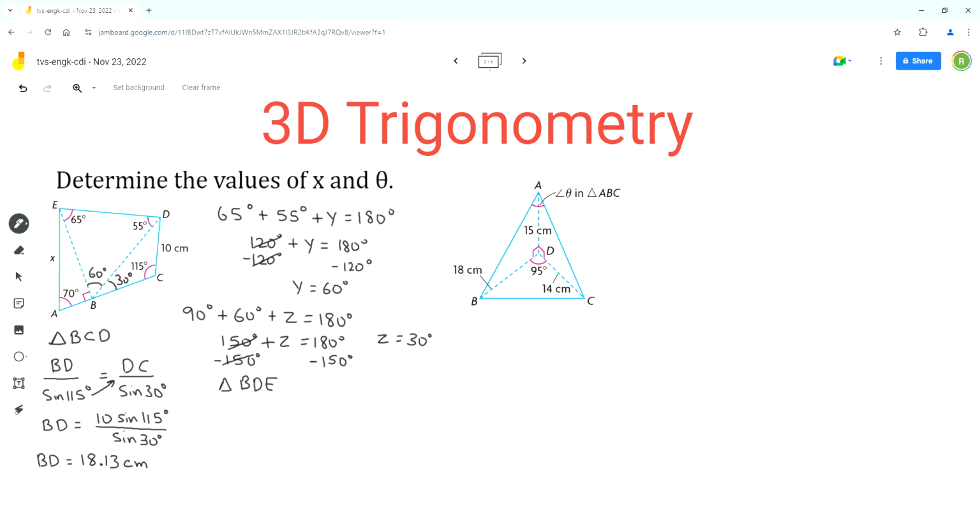The sine law equation will be, we can solve for BE by cross multiplying sine 55 degrees and subbing in BD as 18.13.